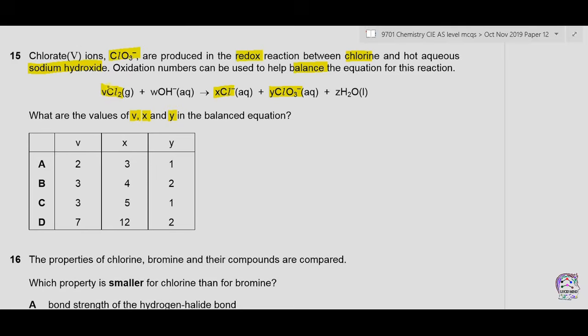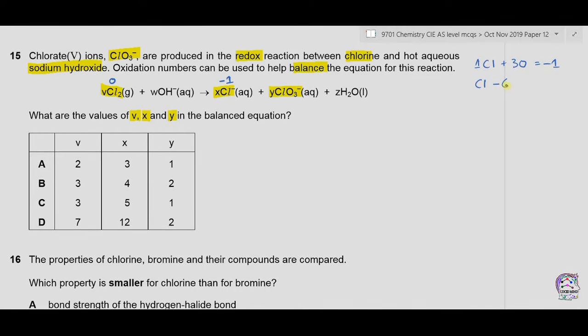Let's first find out the oxidation state. Cl2 is in the molecular form, so therefore oxidation state is 0. In Cl negative it is given as -1. In ClO3 negative, we have 1 Cl and 3 oxygen atoms and overall charge is -1. So the oxidation state of 1 oxygen is -2.